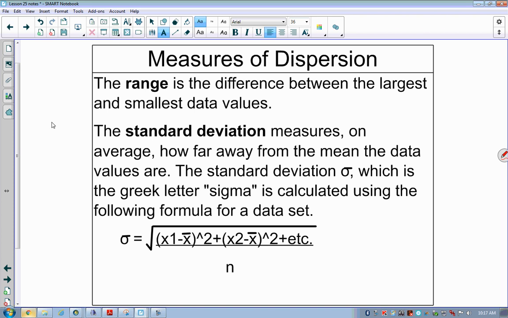So it is the square root of each number minus the mean value squared, plus each value minus the mean of the data squared, plus the next value minus the mean of the data squared, until I've got all of the points of data minus the mean squared, and I divide that by however many points of data I have. And then what that does is it gives me the average distance that each number is from the average.